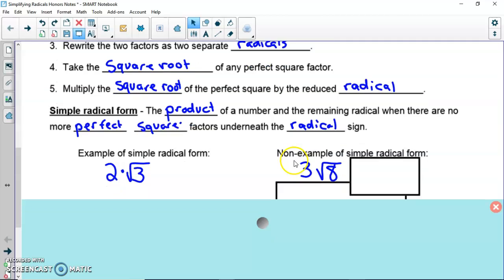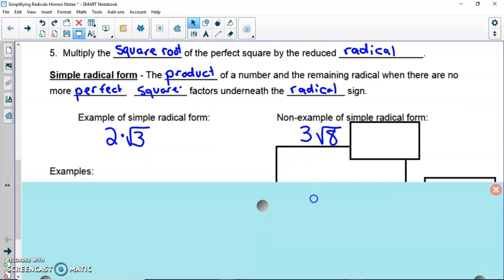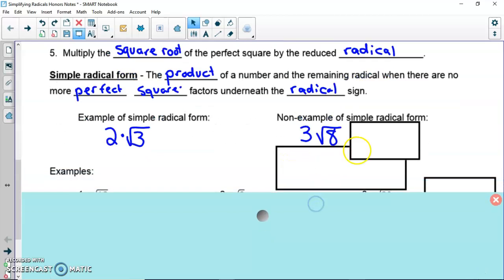A non-example of simple radical form would be 3 times the square root of 8. The reason 3 times the square root of 8 is not in simple radical form is because 8 has a perfect square factor within it. If we look above at our perfect squares, 4 divides evenly into 8.